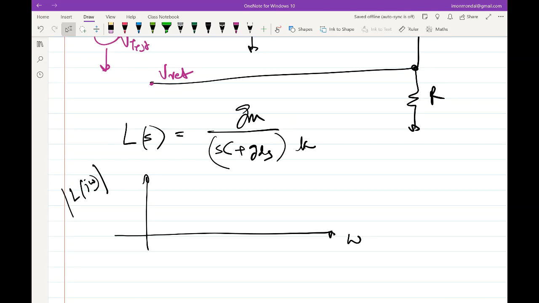It's always useful to write it in the form of something by 1 plus pole, so that you don't have to massage it further. So I'll just take GDS and K out. So GM times K.